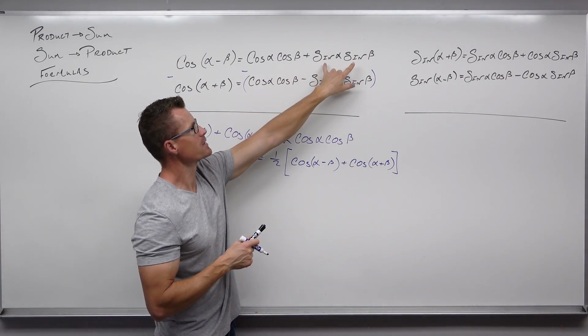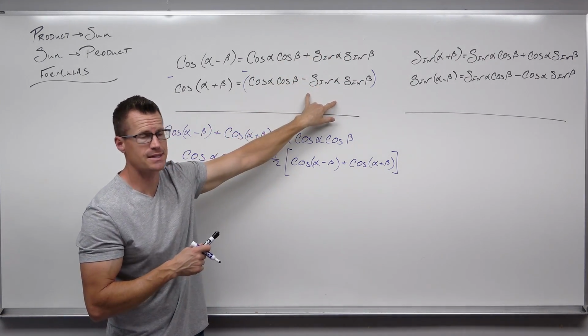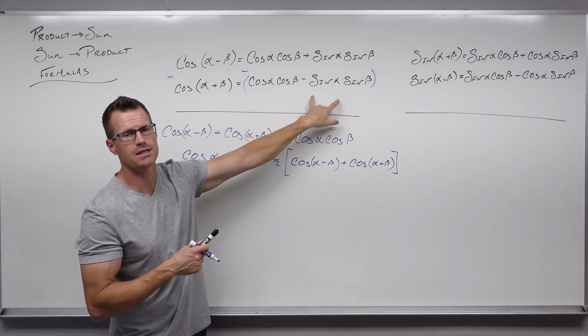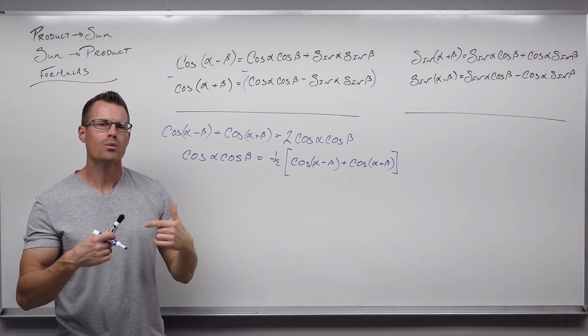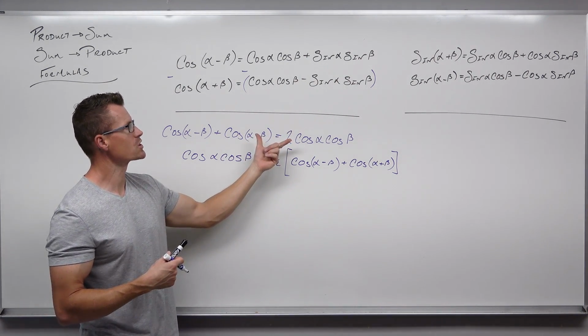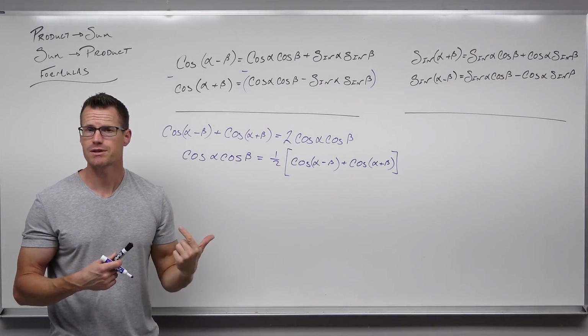But check this out. Sine alpha sine beta minus a negative. You think about that as a negative, that's sine alpha sine beta minus a negative, or plus sine alpha sine beta. So if we subtract this system, something very similar happens to what we had right here. We're just going to get the cosines canceling and leaving 2 sine alpha sine beta.